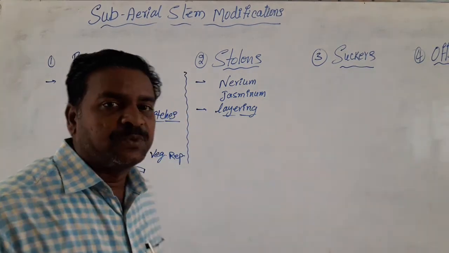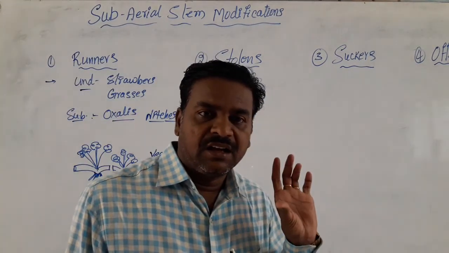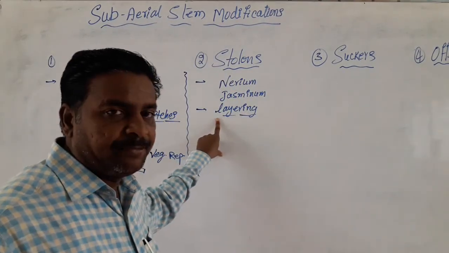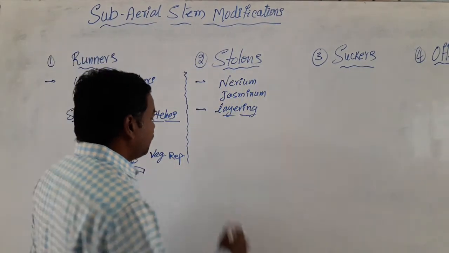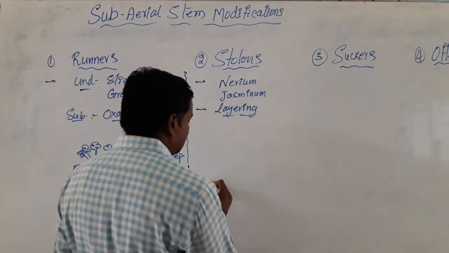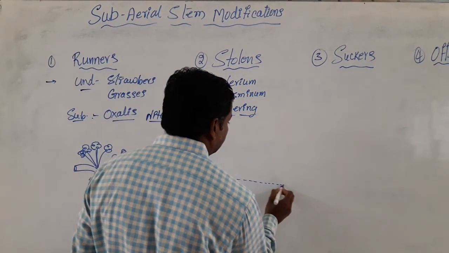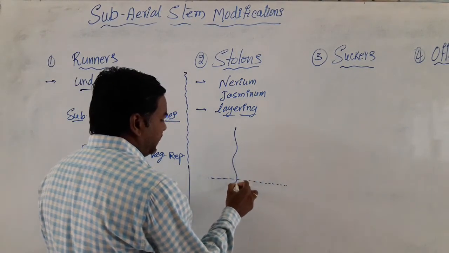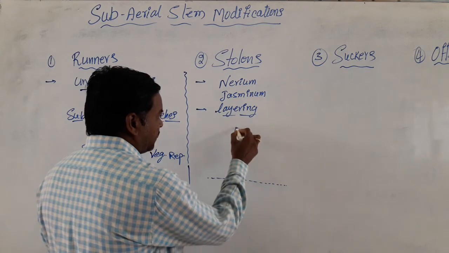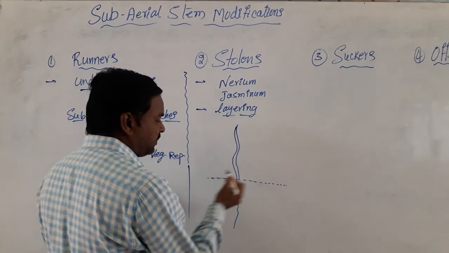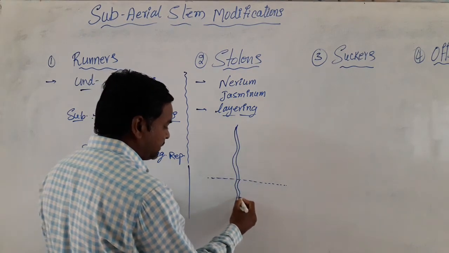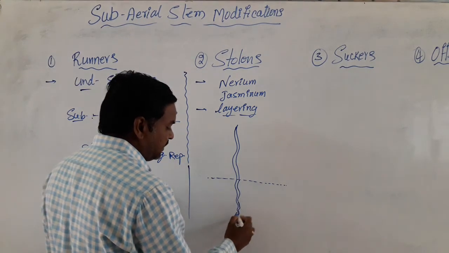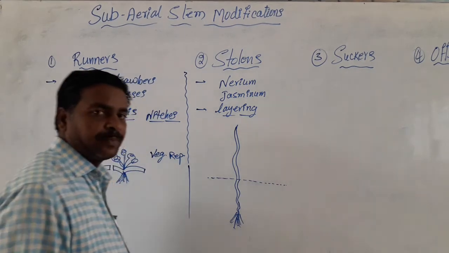Which principle plays a very significant role in raising plants vegetatively by layering? That is stolons. For example, this is the ground surface. Here the stem is partly aerial and partly underground. This is the aerial part of the stem and this is the underground part, and here are the root systems.